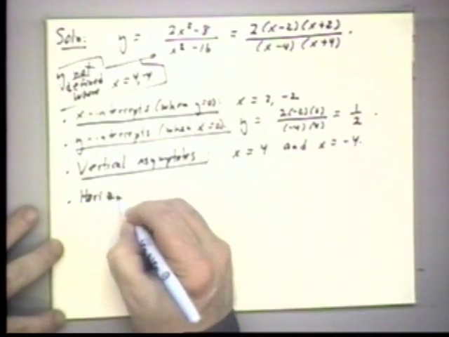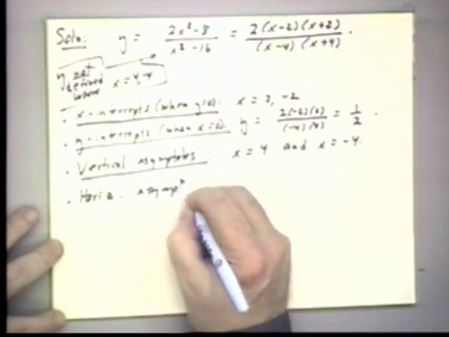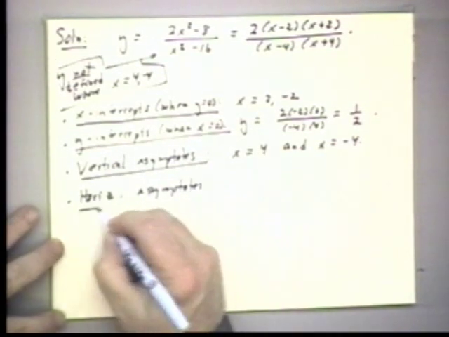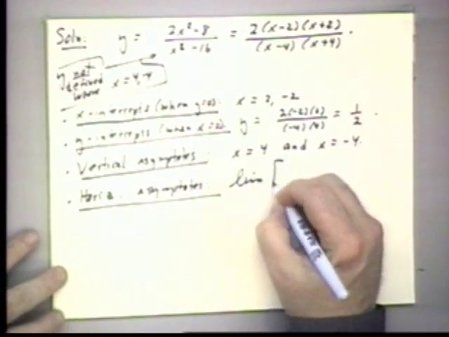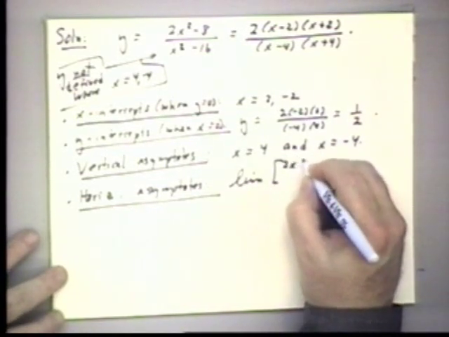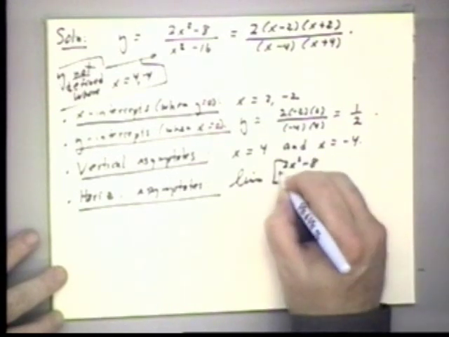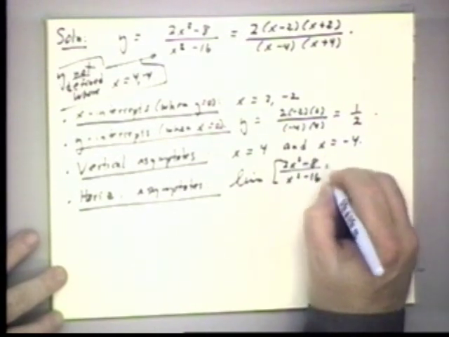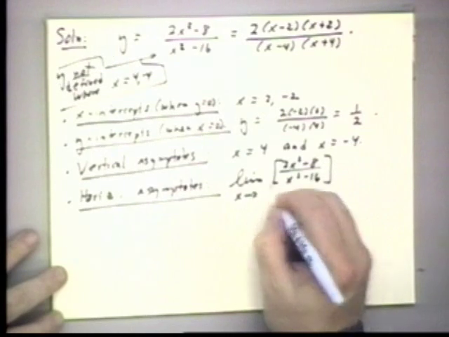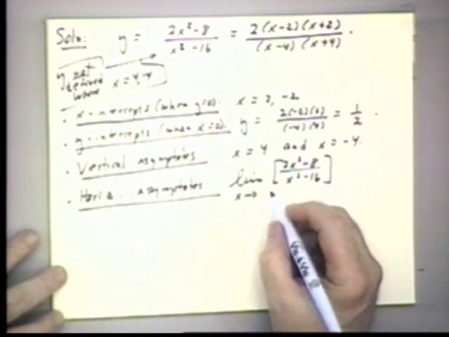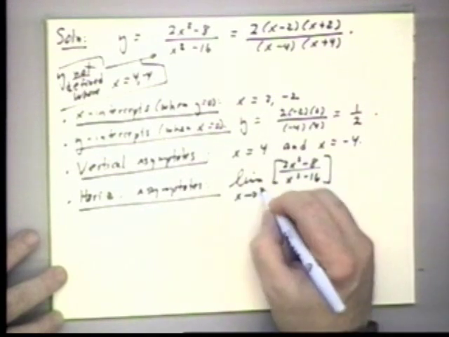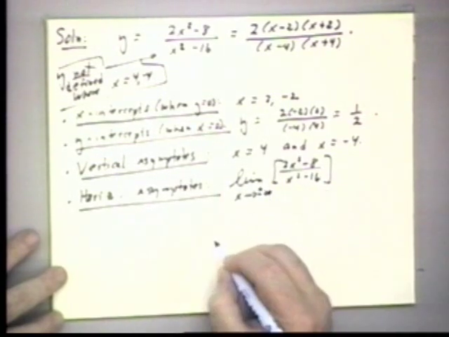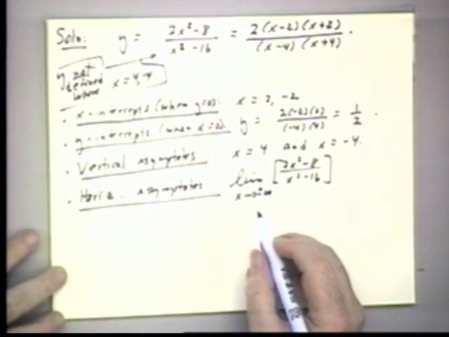Finally, here under asymptotes, I will look at horizontal asymptotes. Now that requires that I take the limit of the function, and I'll do it in its first form, 2x squared minus 8 over x squared minus 16, as x goes to, well, either one of the infinities in this case. Because the x is squared, it doesn't matter which way I go. I'll get the same result in both directions, so that saves me one step.